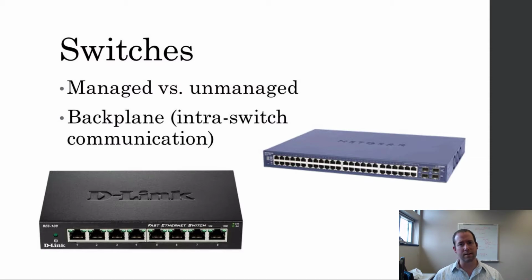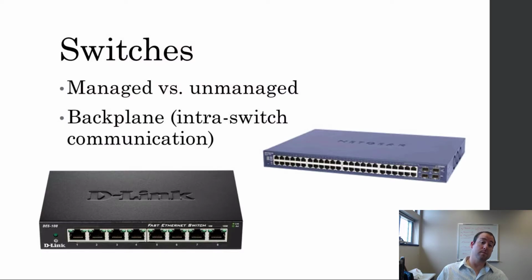An important thing to consider when you're looking to buy a switch, for example, is something called the backplane. The backplane refers to the bandwidth, the available bandwidth for communication within the switch.